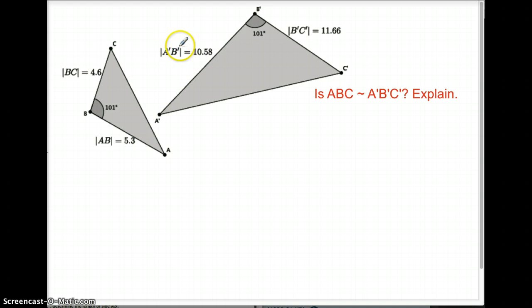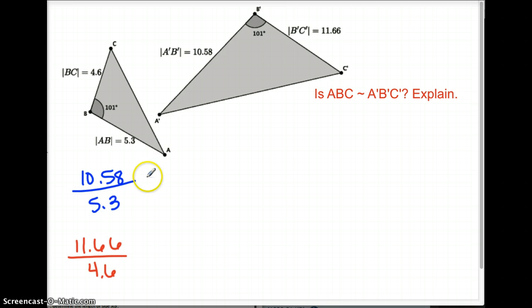So I'm going to take A prime, B prime, 10.58, and divide by the regular, 5.3. And then I'm going to do the exact same thing for B prime, C prime. I'm going to take that, the 11.66, and divide by 4.6. And I'm going to see what I get for each one of these. So I can use my calculator here.